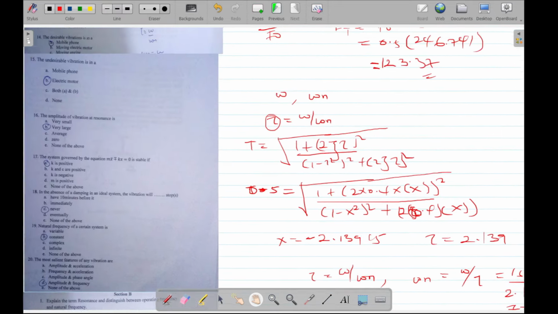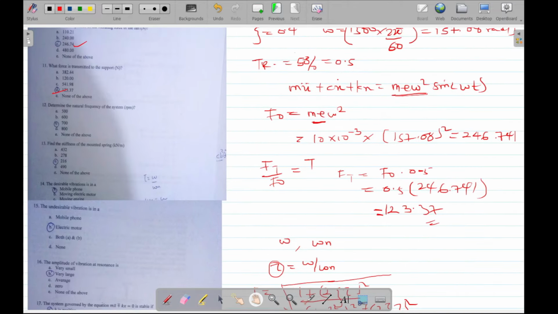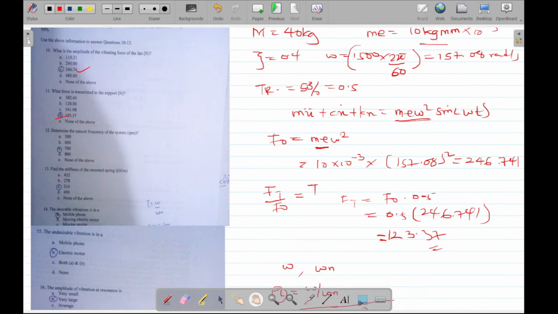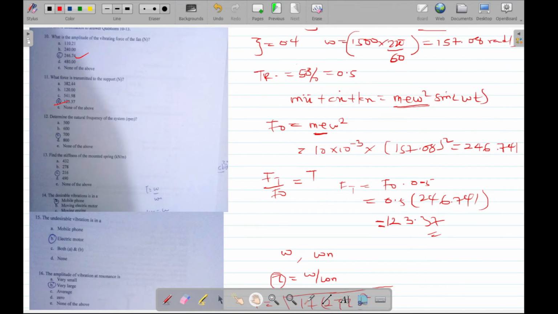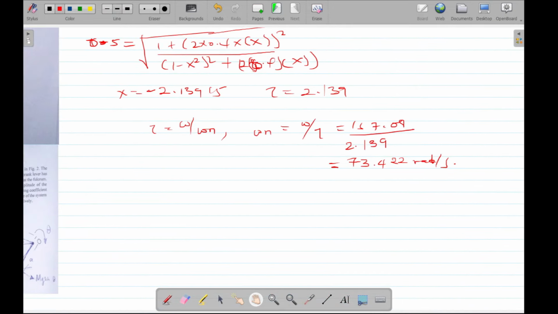So determine the natural frequency of the system in RPM. Now, what we have here is rad per second. To convert to RPM, we multiply by 60 over 2 pi.